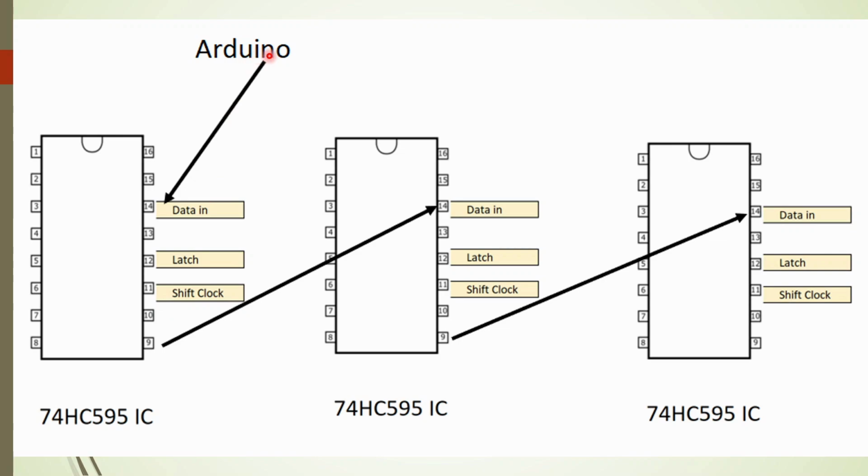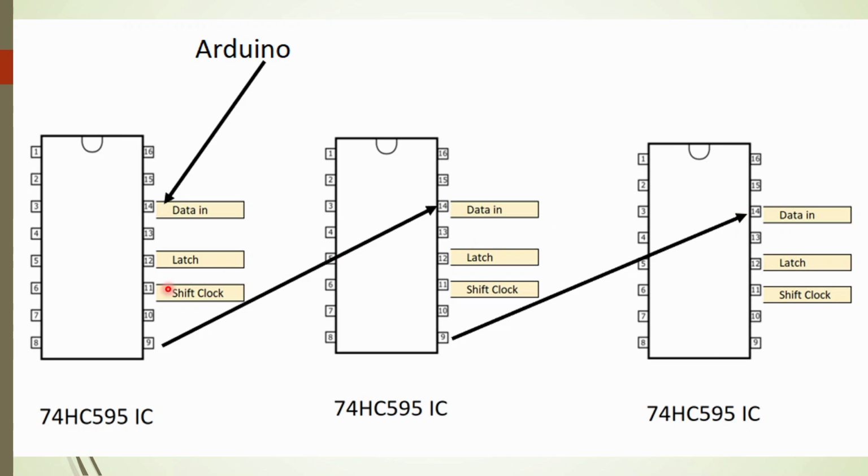Now the Arduino is connected to the first IC's pin number 14, that is data in. Pin number 9 is the data out, so whatever is the excess data will go to pin number 14 of the second IC. Similarly, whatever is excess data from pin number 9 of IC number 2 can go to pin number 14 of the third IC.